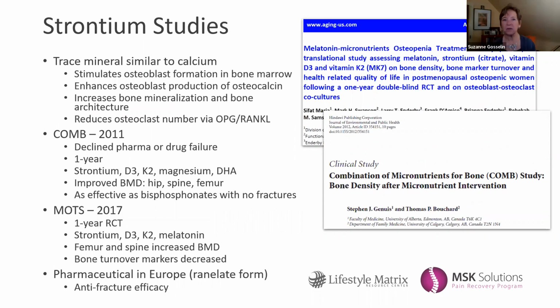It is very effective at stimulating osteoblast formation in the bone marrow, and it also increases bone mineralization and reduces osteoclast activity. So it's going to reduce resorption and boost bone formation.